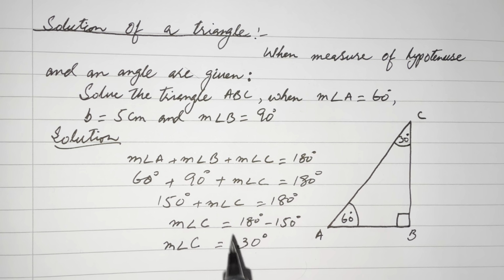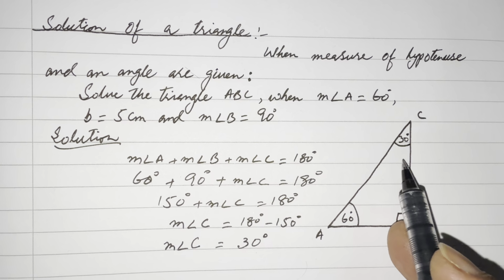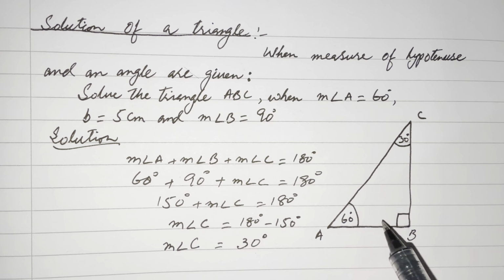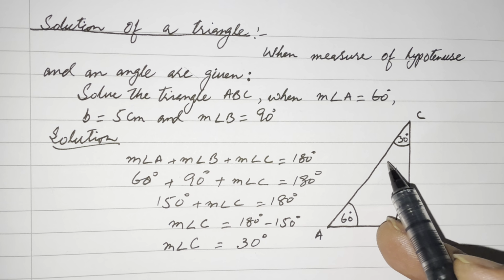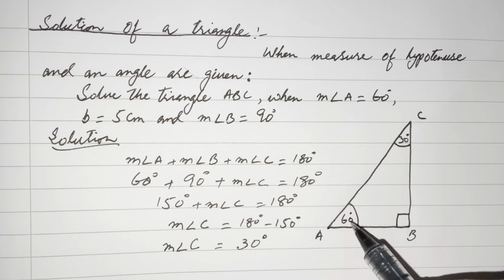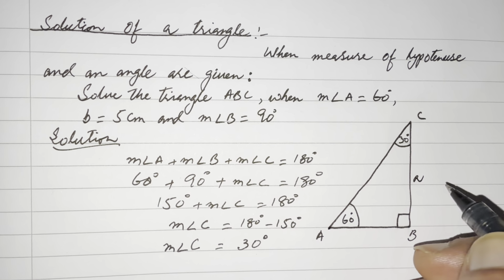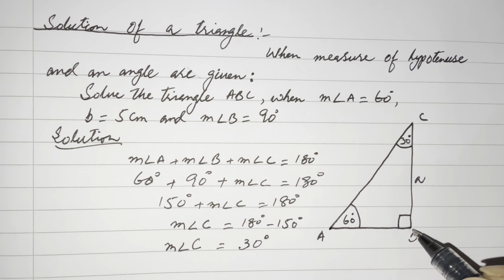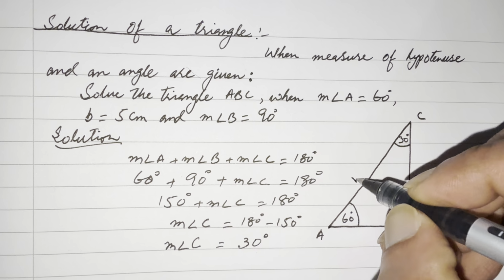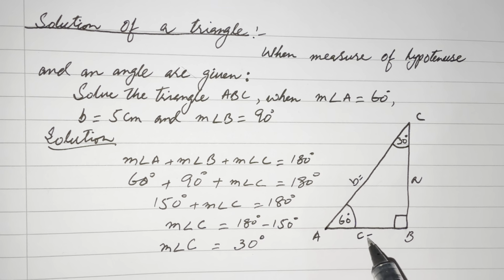So now the first step, we have found the third angle of the right angle triangle. Now we are going to find the lengths of the sides of the right angle triangle. This point is A, so the opposite side to point A is small a, the opposite side of B is small b, and this one will be small c.